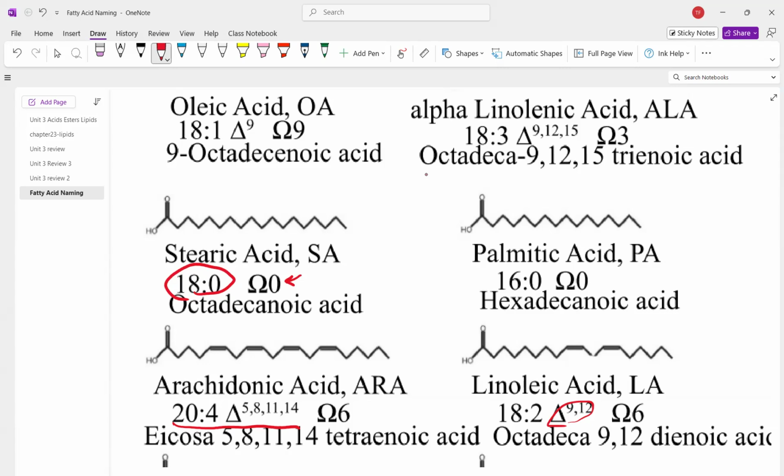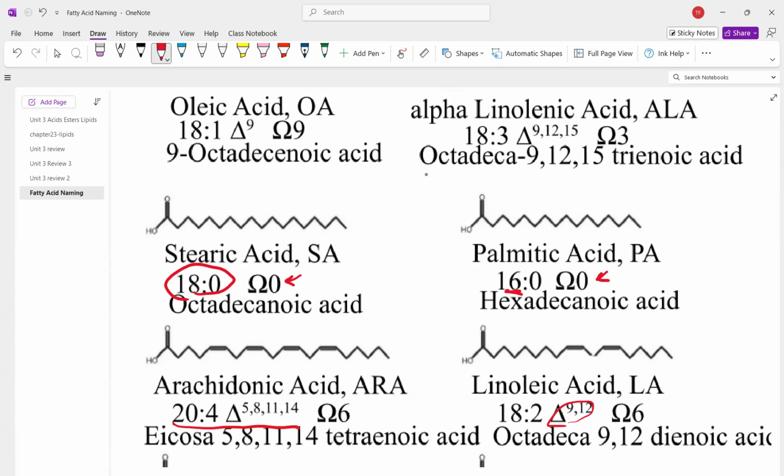Okay, so the other version of the saturated fat that's in beef, pork, lamb is palmitic acid, and it's a 16 carbon saturated fat. So that's 16 colon 0, no delta because there's no double bonds, and omega 0 for the same reason, no double bonds.